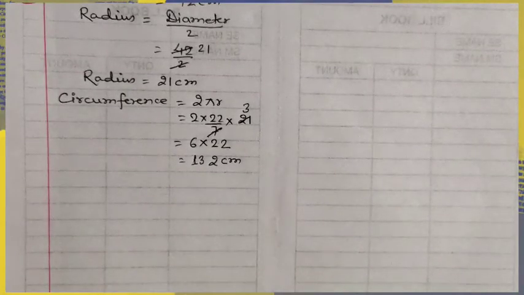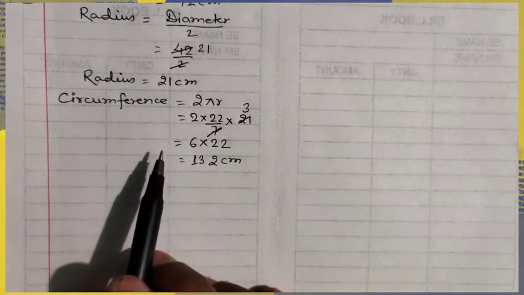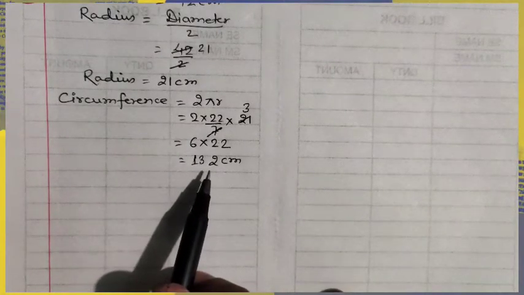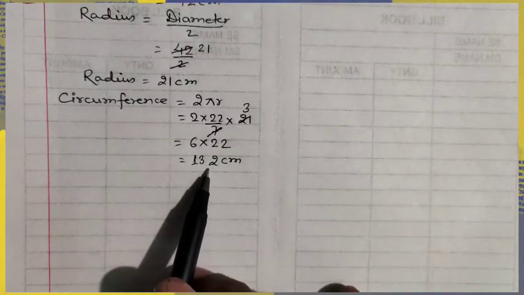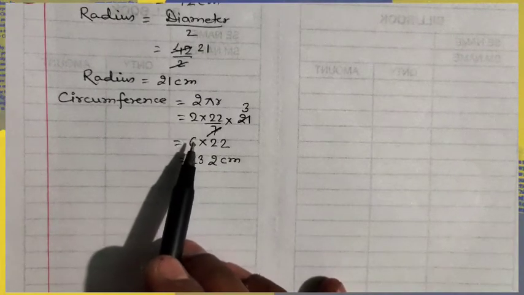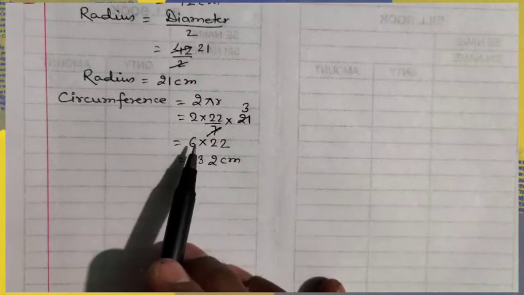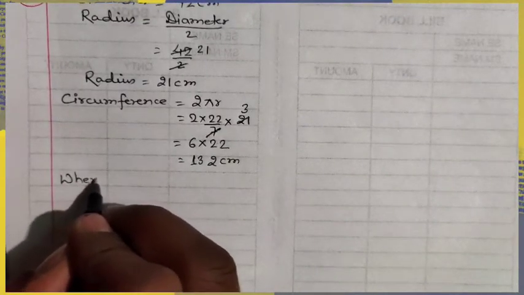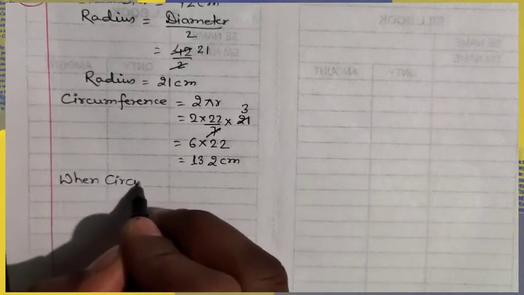And again the question is saying if the perimeter or circumference of the circle is doubled, obviously when we double this value, the value of radius will be changed. The question is saying what will be the radius of new circle when circumference is doubled.